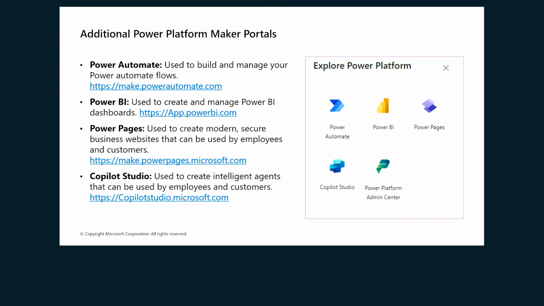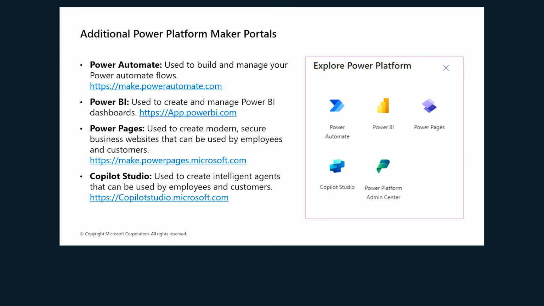Power Automate URLs are listed here. It enables users to build and manage automated workflows that reduce manual tasks and improve efficiency. For example, a finance team could automate invoice approvals by triggering flows when new documents are uploaded.